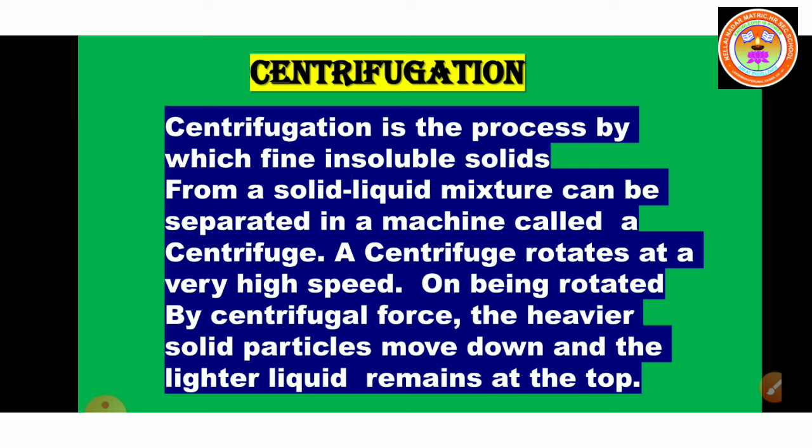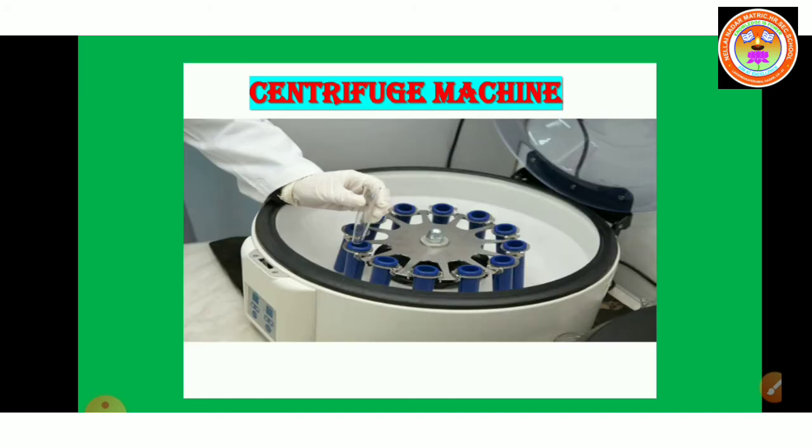Let us discuss the next separating method, that is centrifugation. Centrifugation is the process by which fine insoluble solids from a solid-liquid mixture can be separated in a machine called a centrifuge. This is a centrifuge machine. The centrifuge machine rotates at very high speed.